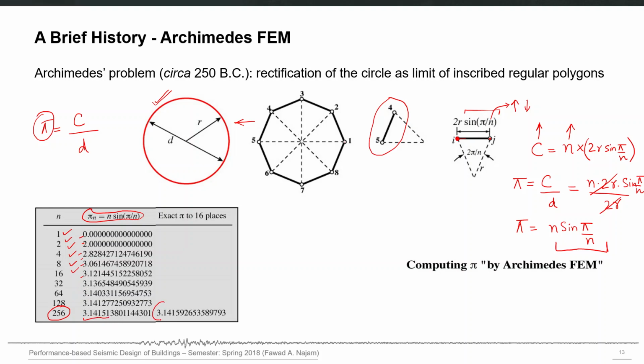This is the exact value of pi up to 16 places. So we are getting a number which is quite close to this number up to some significant figures. So that's how the idea of discretization can be used in simplifying a problem which cannot be solved with an exact solution directly. So we can discretize it and solve it up to an accuracy which is acceptable to us.